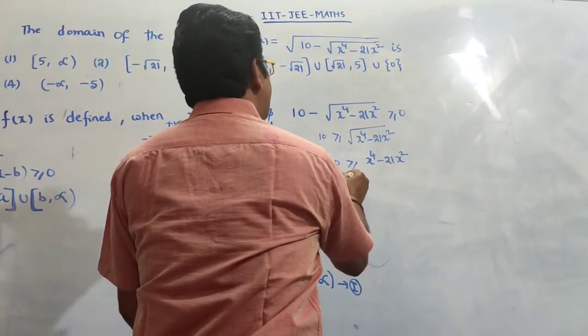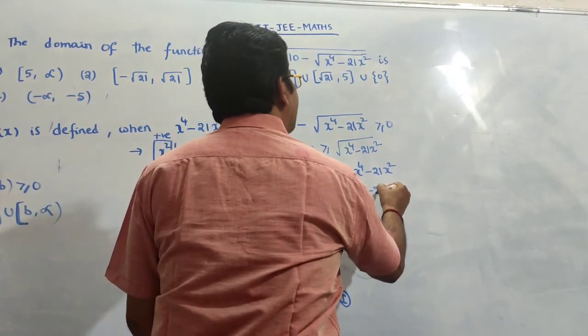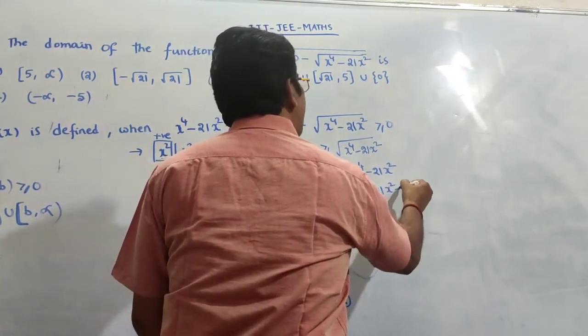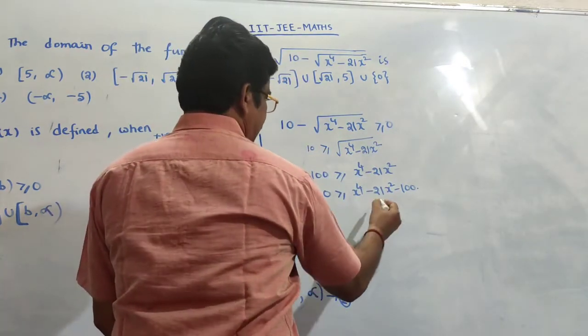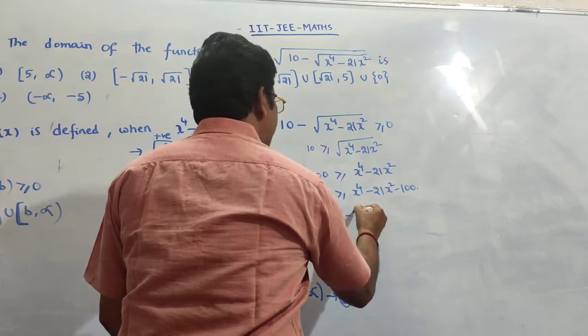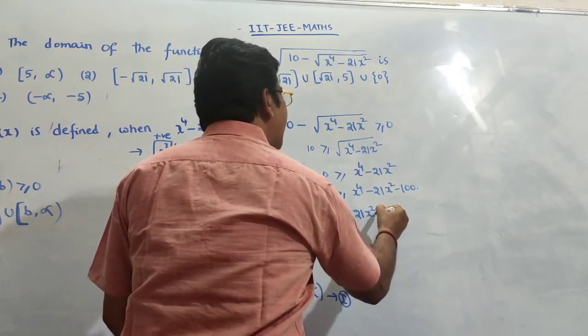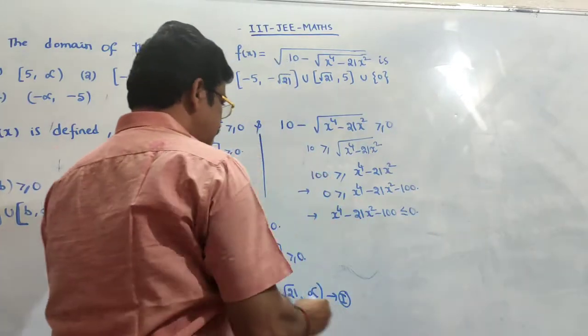So it follows that 0 ≥ x⁴ − 21x² − 100, which is nothing but x⁴ − 21x² − 100 ≤ 0.